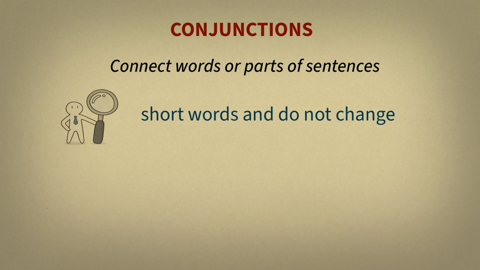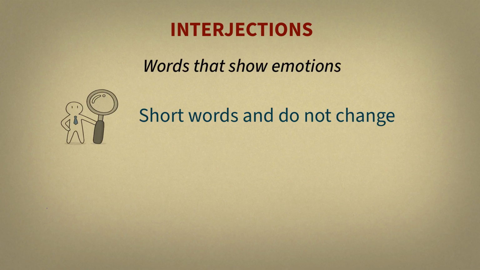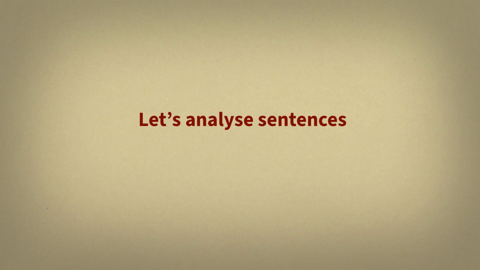Usually, they are short words and do not change. For example, и, но. And finally, interjections. They express emotions. They are usually also short words and do not change. For example, ой, ах.